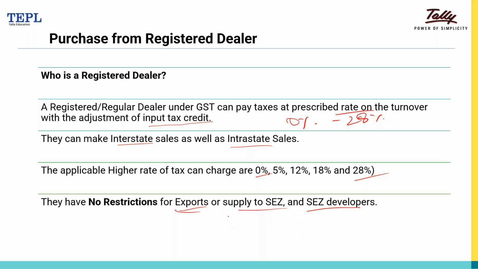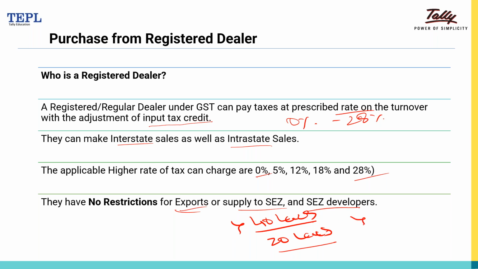If any business's turnover or threshold is greater than 40 lakhs for normal states and 20 lakhs for special category states, you need to take registration under GST, but not necessarily as a regular dealer. It is compulsory to take registration under GST, but it is not compulsory to take registration as a regular dealer.